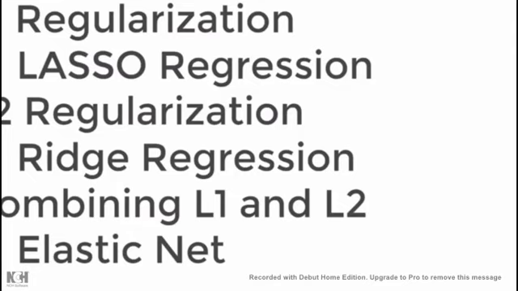I already told you, whenever you want to repeat the same code multiple times by changing only one parameter, apply the for loop. In the for loop, regularization is equal to L1 the first time, then L2, then the combination of L1 and L2. Just apply the for loop. Whenever you want to repeat the code, apply the for loop.